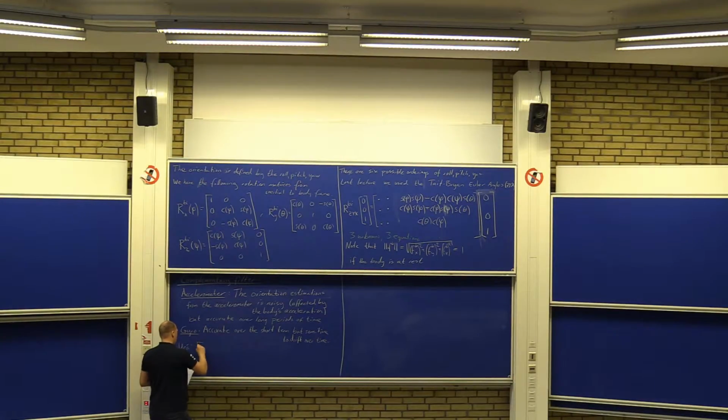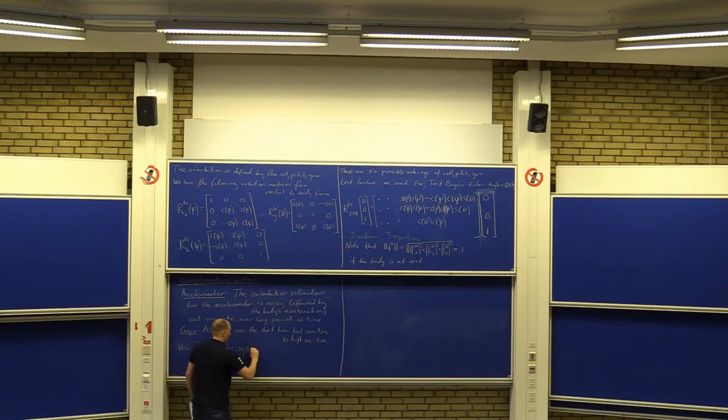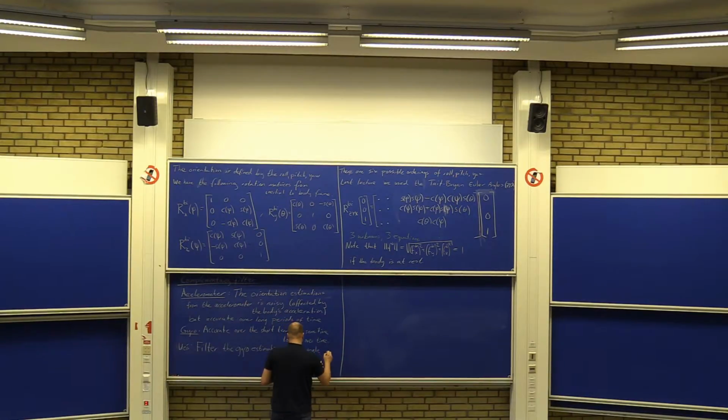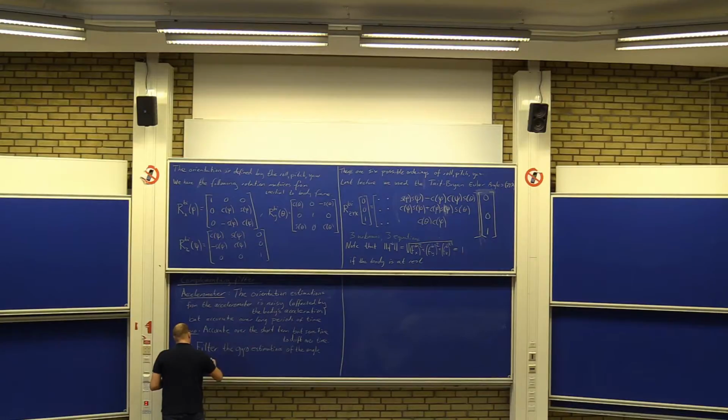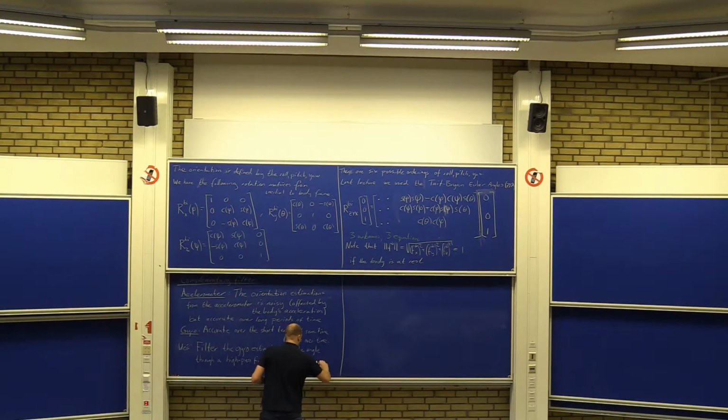One idea is that we pass the gyro estimations of the angle through a high pass filter, and the accelerometer estimations through a low pass filter.